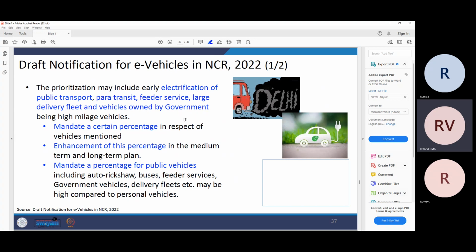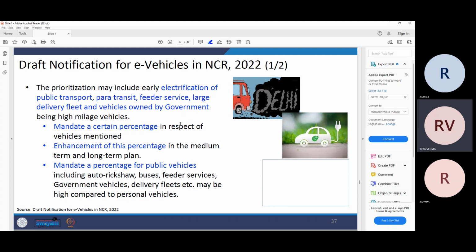Now, what is this draft notification for e-vehicles in NCR region, which was formulated in year 2022? So, the prioritization may include early electrification of the public transport. Basically, in Delhi NCR region, you can say that a huge number of public transport has been electrified.